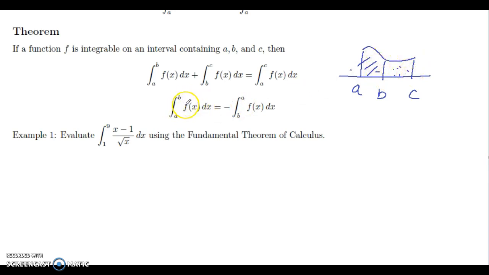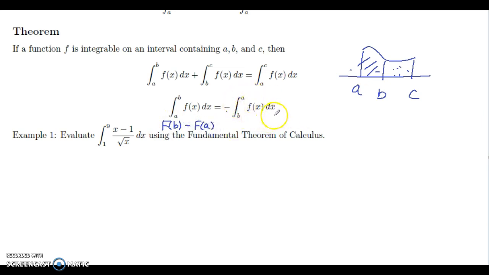Now the next theorem, pay attention. The integral from a to b of f of x dx, but then if you switch the limits from b to a, you flip it, it will become negative. So how is that? Well, from the fundamental theorem of calculus, the left-hand side is the antiderivative at b minus the antiderivative at a.